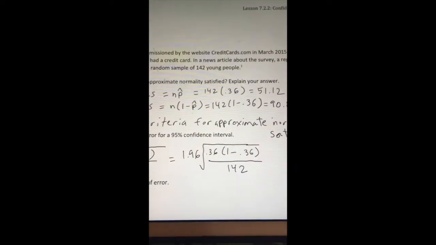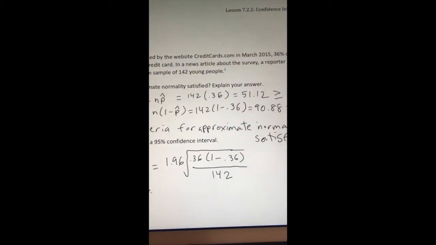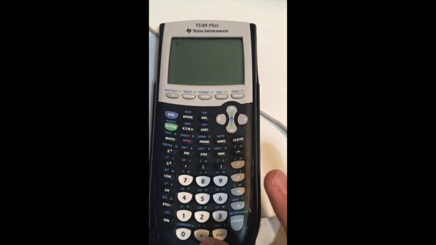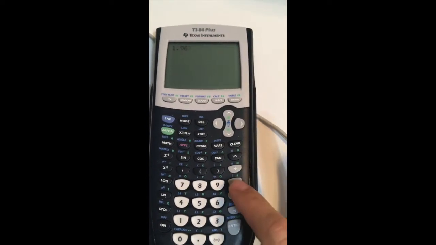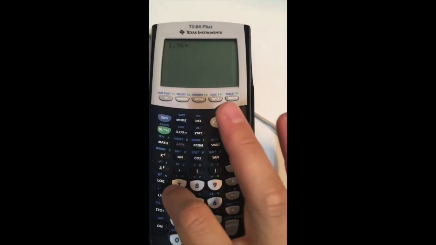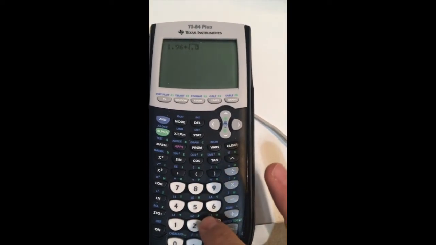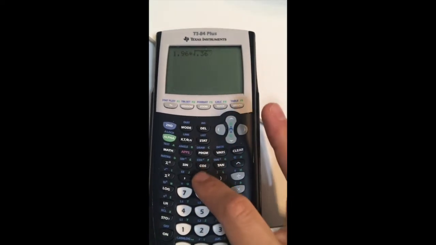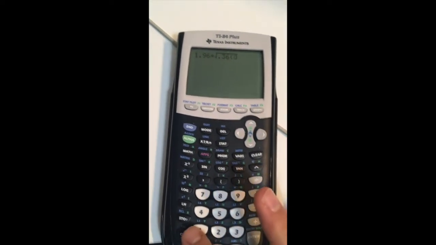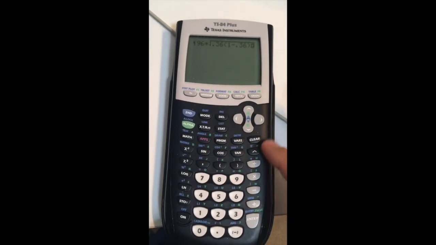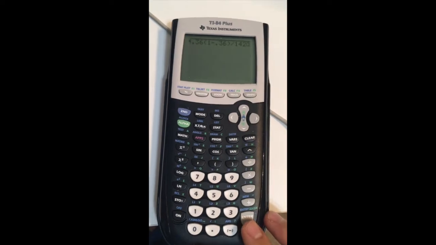140. So I'm going to do this part on my calculator. I wanted to demonstrate this. So I have 1.96 times the square root, and then under the square root I have 0.36 times parentheses 1 minus 0.36 close parentheses divided by 142.